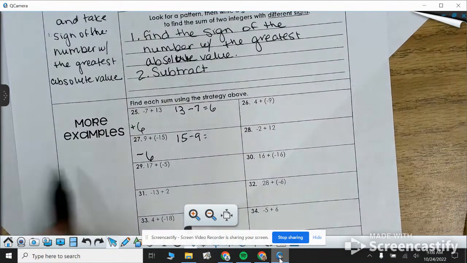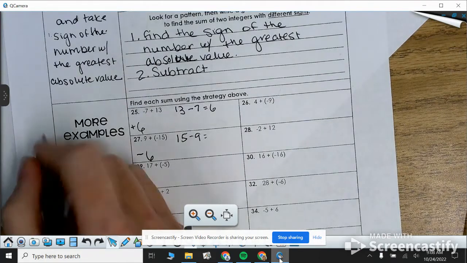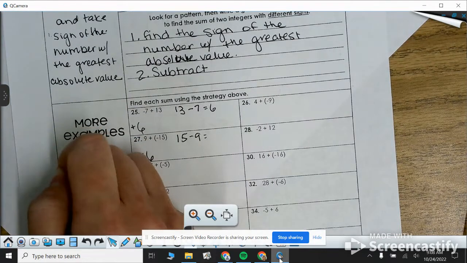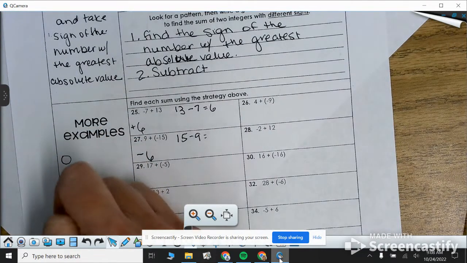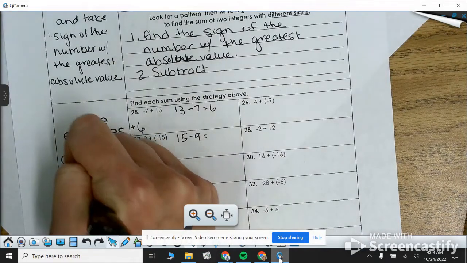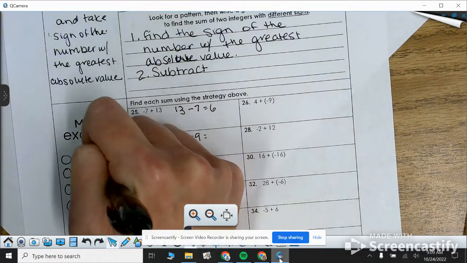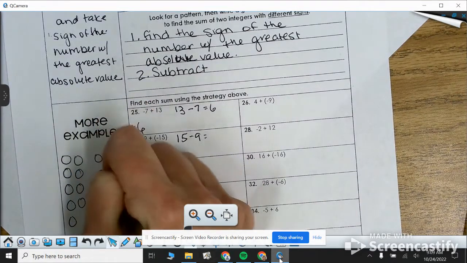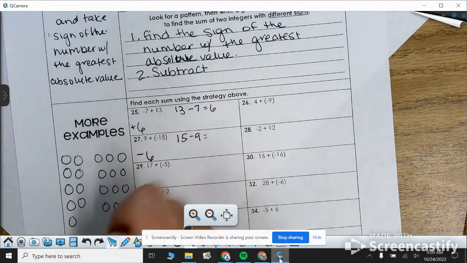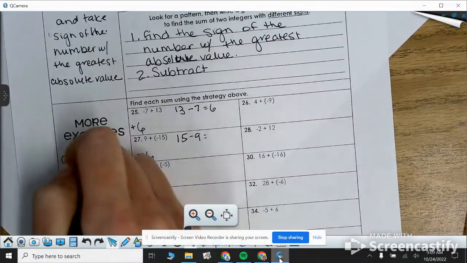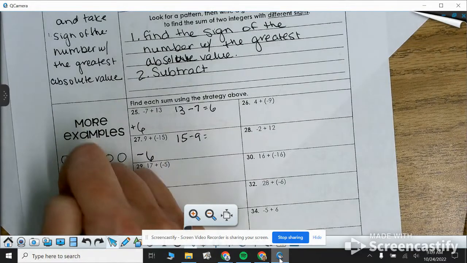And if I was to draw these as chips, I had a positive 9 and a negative 15. Oof, I don't want to draw all these chips, but I'm about to. Positive, positive, positive, positive, positive, positive, positive.